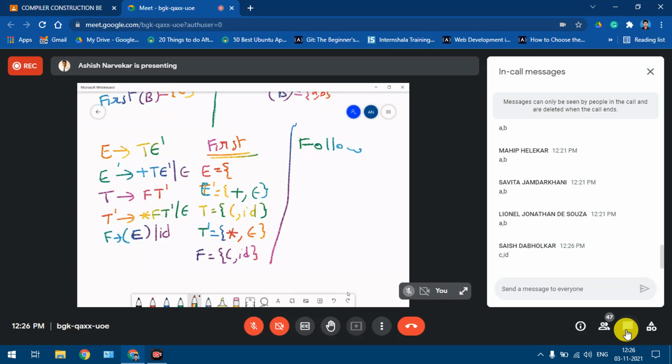Saish, it is open bracket, it is not C. Please check if this is correct.